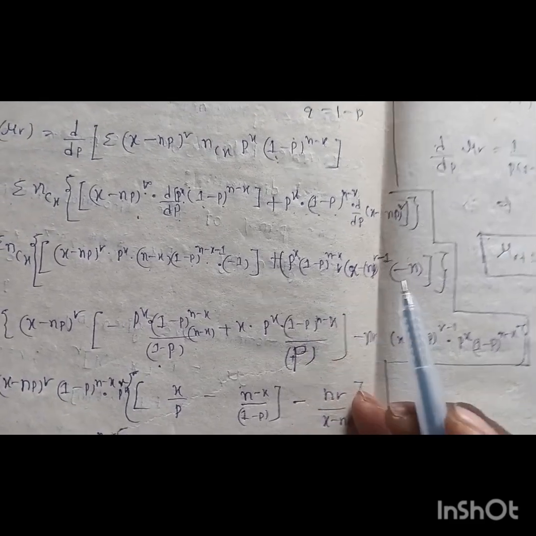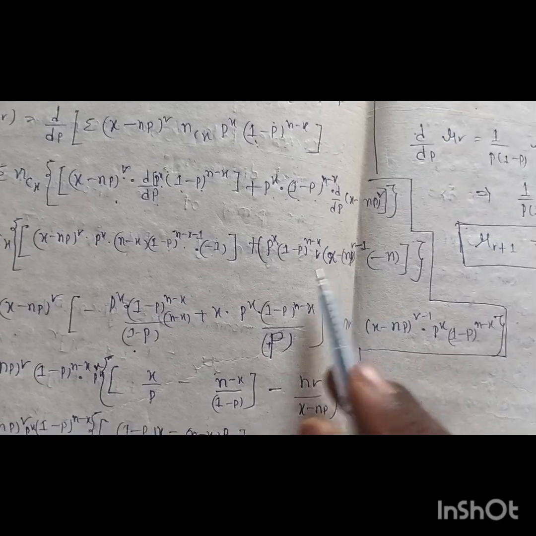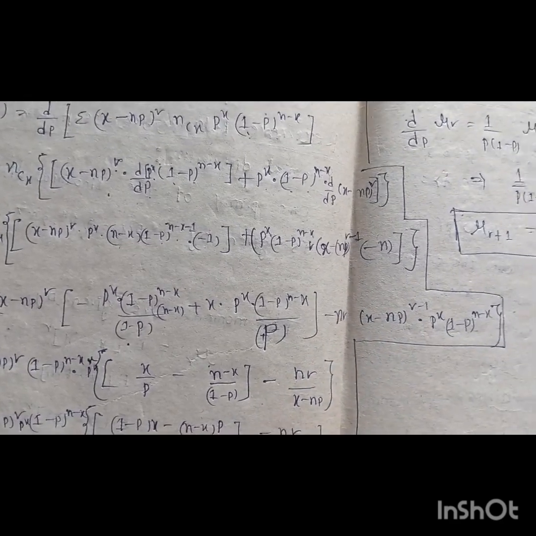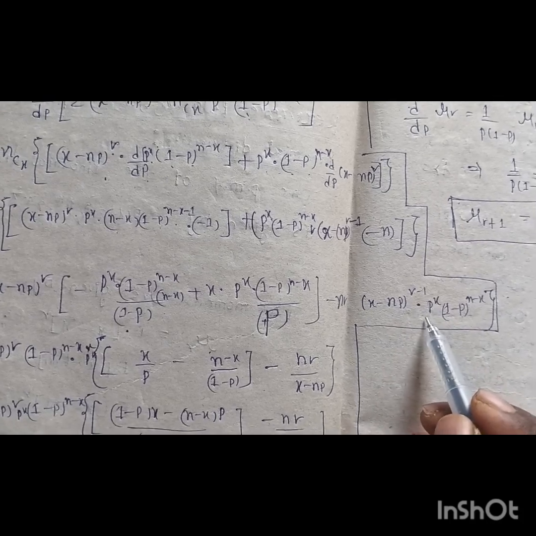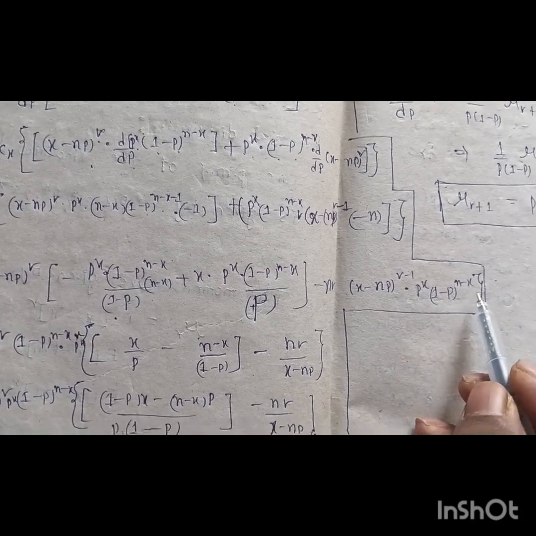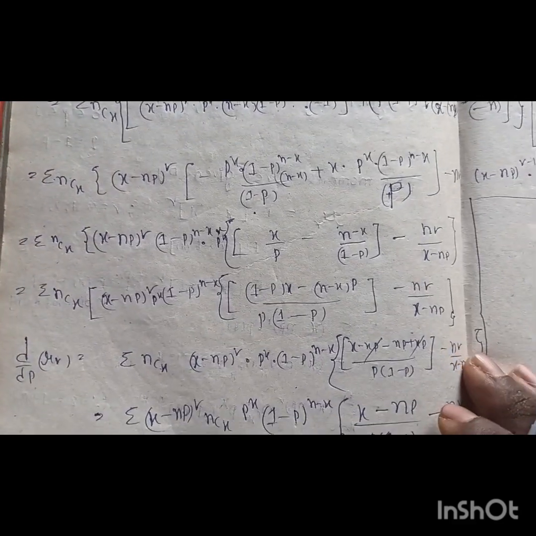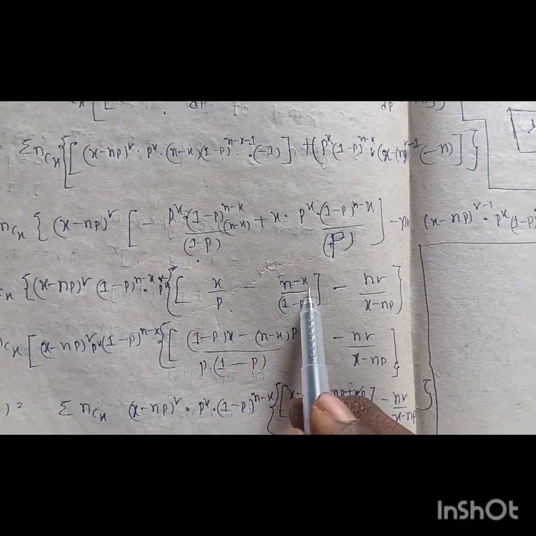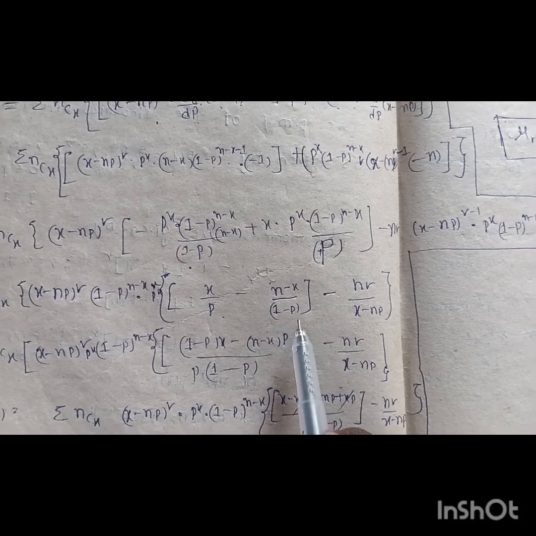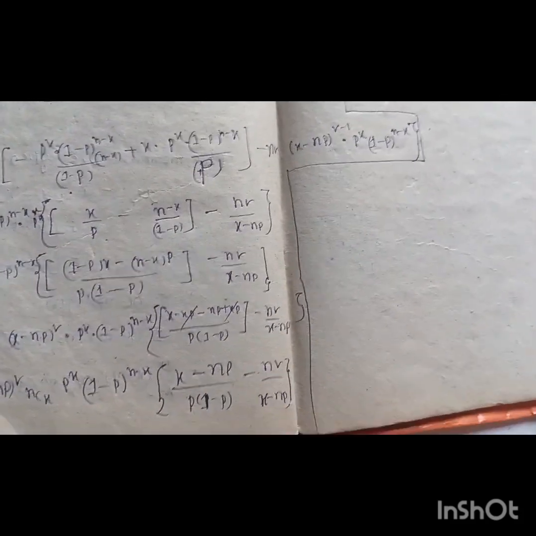From here you can write minus nr into x minus np whole to the power of r minus 1 p to the power of x 1 minus p whole to the power of n minus x. Taking the common factor, you will get terms like this: x divided by p, and n minus x divided by 1 minus p, and minus nr divided by x minus np.